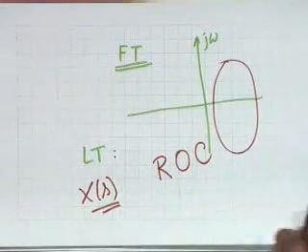We will come to a few examples, and then we will explain the properties of the region of convergence. The question of convergence must be understood very carefully, because this is one thing that distinguishes Fourier transform from Laplace transform. Laplace transform has 2 degrees of freedom, sigma and omega, whereas Fourier transform has just 1 degree of freedom, omega. Let us take an example.